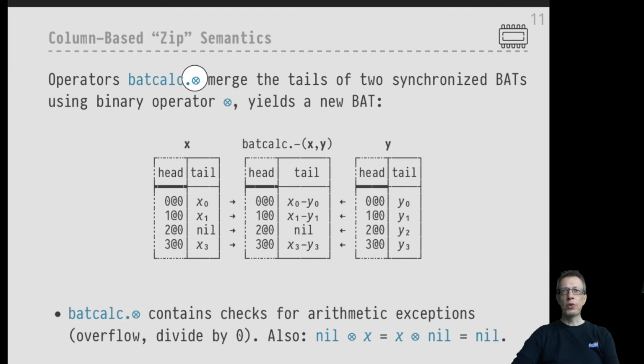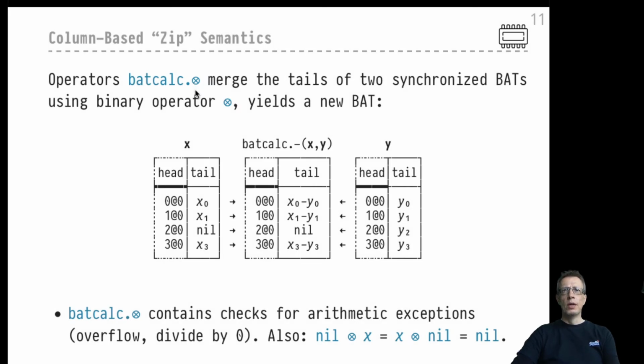For arithmetic operations in general, they are all implemented inside the batcalc module of MonetDB. These operations would just merge the tails. The tails, if you recall, are the rightmost columns in the BATs. So this operation would just merge the contents of the tails of the 2 participating BATs here.